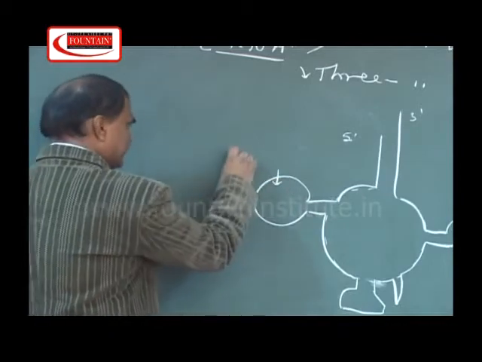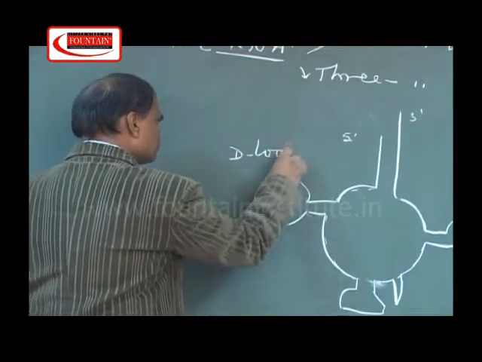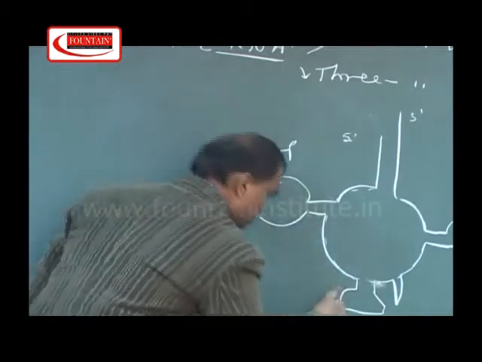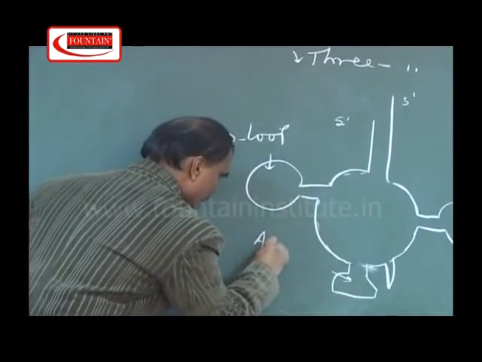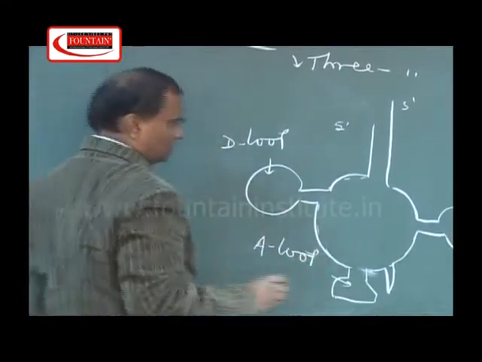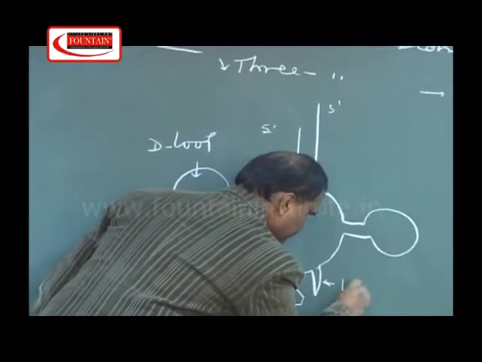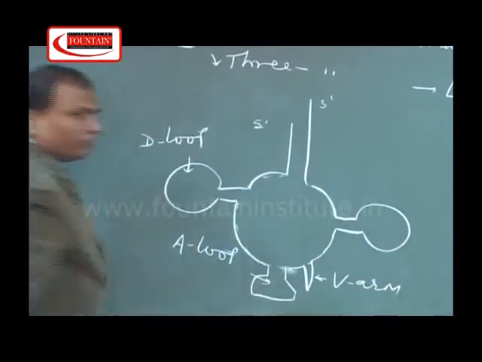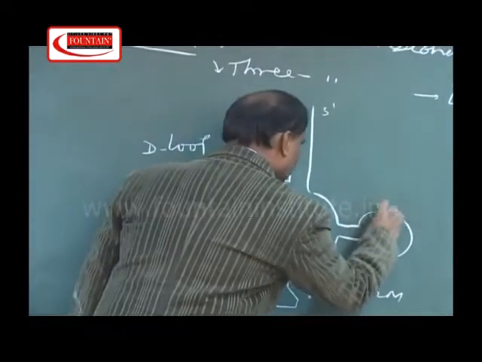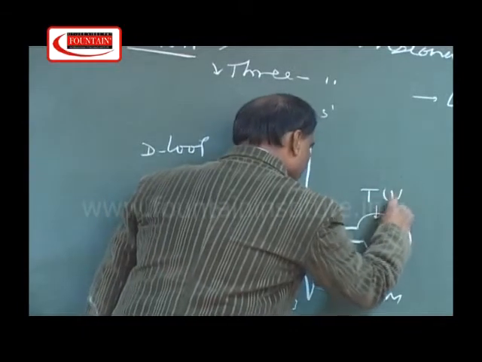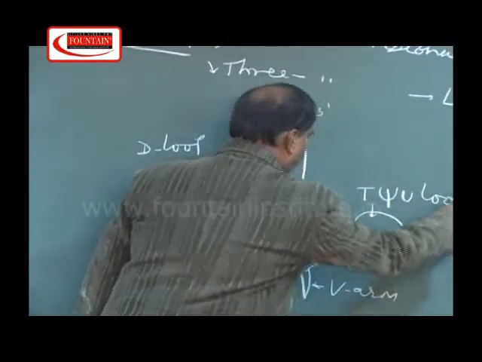This one is called the D loop. This one is called the A loop. This one is called the V arm, and this one is called the T pseudouridine loop, or in short we can call it the T loop.